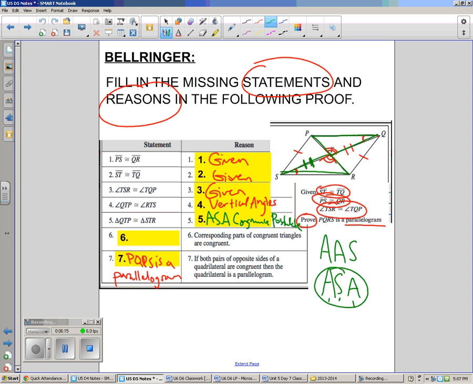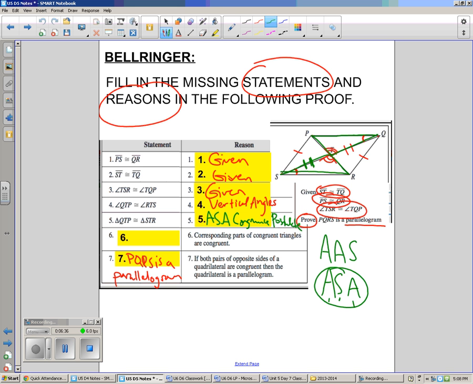Okay, now let's move on to statement number 6. Well, statement number 6 doesn't exist, so let's look at the reason: corresponding parts of congruent triangles are congruent. Well, for 2 congruent triangles, there are actually 6 corresponding parts.